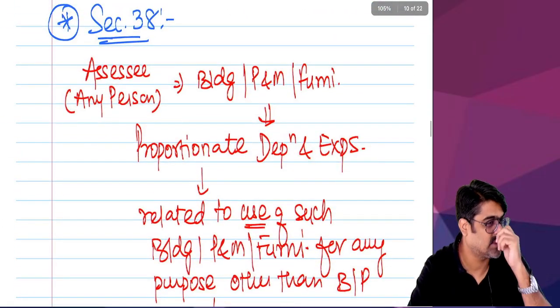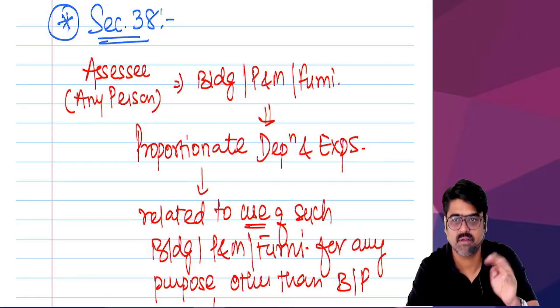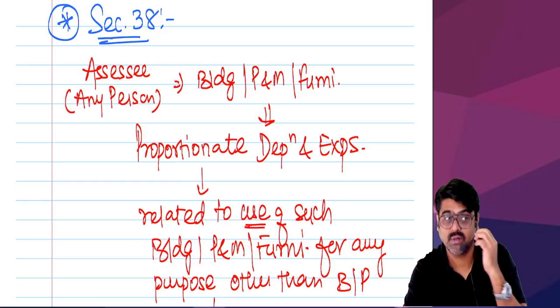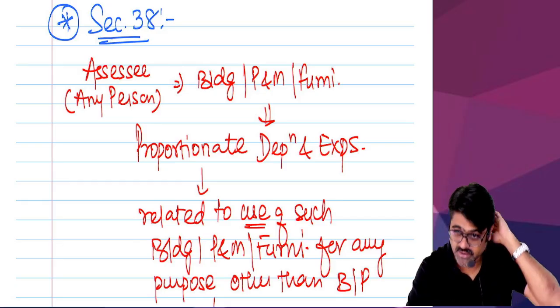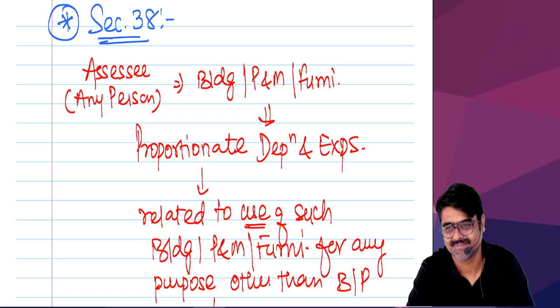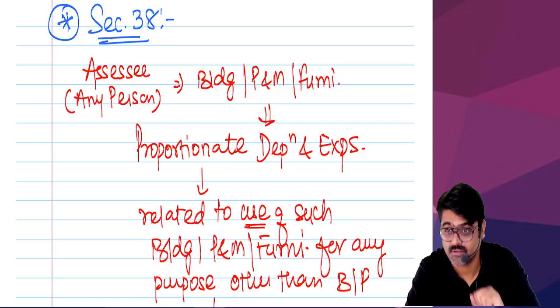Now there is one section 38. After 30, 31 is there, and after 31, 32 will come. Yes or no? In 32, depreciation is there. In section 32, today's entire remaining lecture will go in depreciation only. One of my favorite sections also.